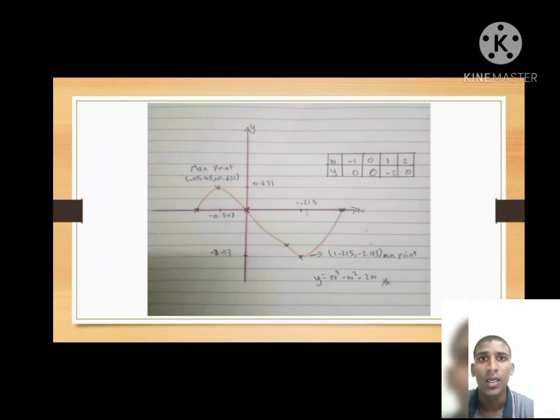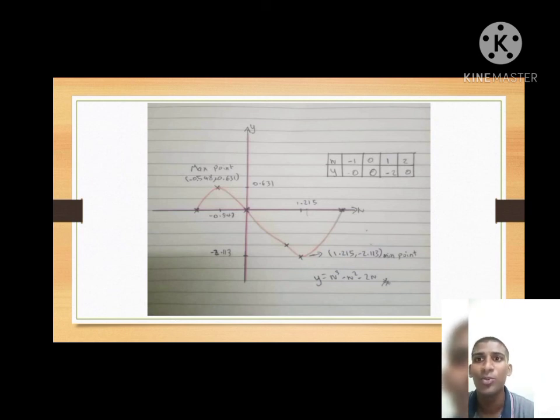Before joining the graph, we must put x marks. For example, we get x equals negative 1 and y equals 0. Between the two points there will be a joining part, and in that part we must put the x point.